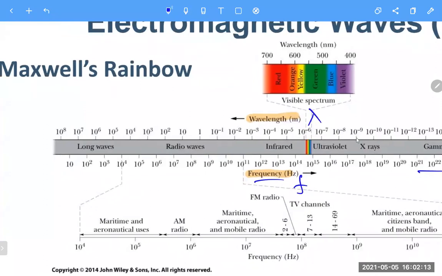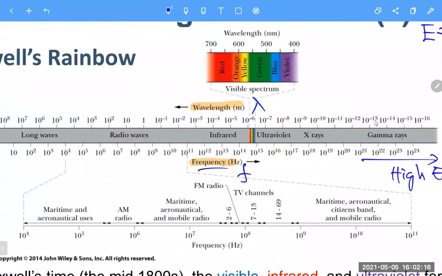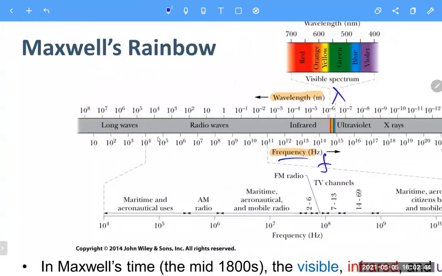X-rays have a small wavelength, so they can go through things more easily, and you can check between tissues to see through the body. This is why high energy particles are dangerous, because they can go through and directly go inside the body.